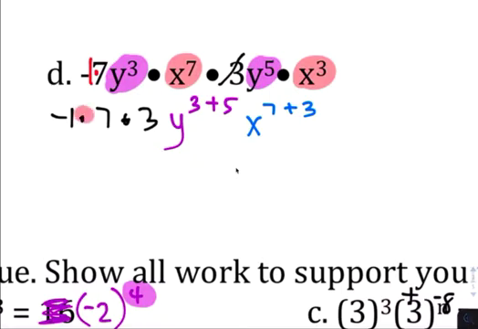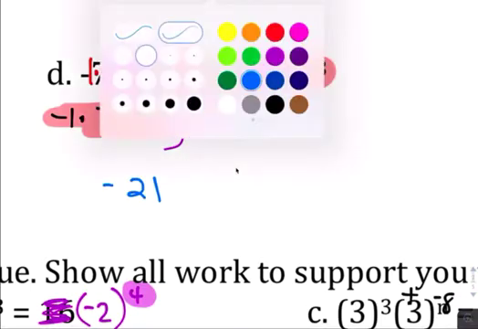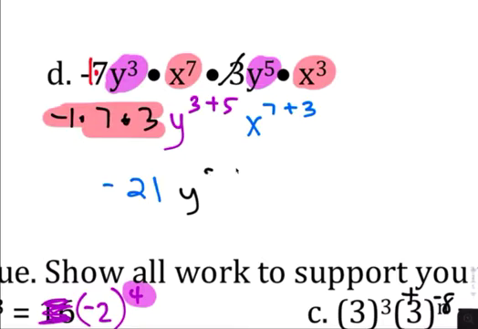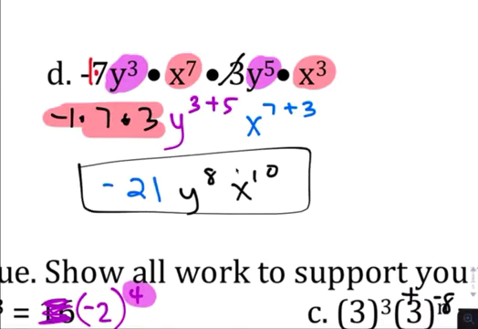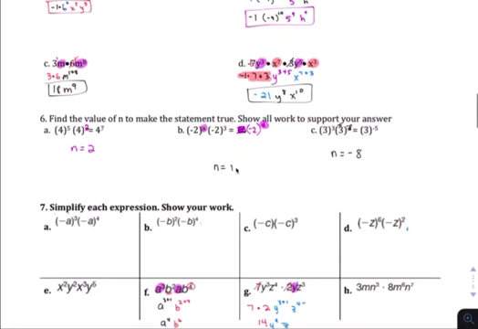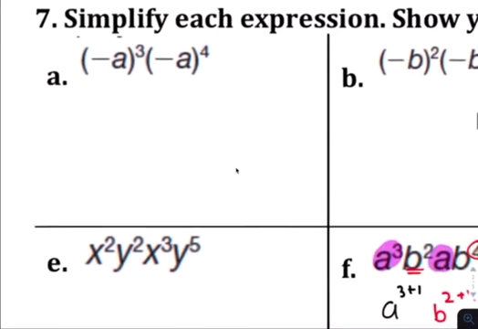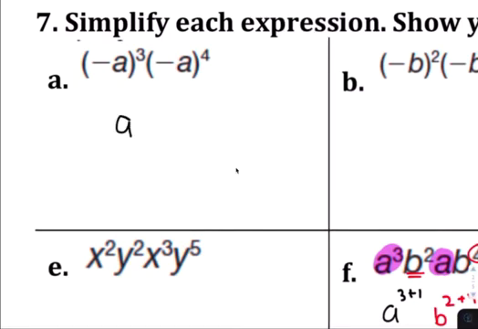And you can multiply all these together because they're just numbers. -21. Okay, and then y to the 8th, and then x to the 10th. That's your answer there. And here is a -a to the 3rd. There's 3 -a.